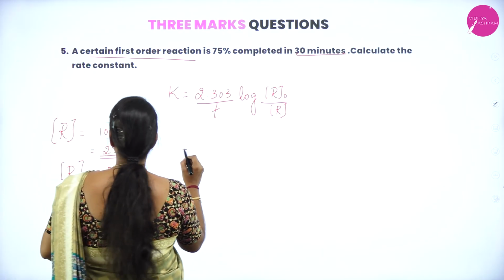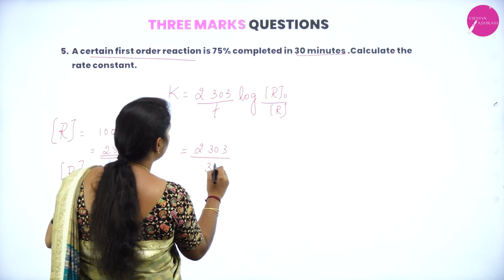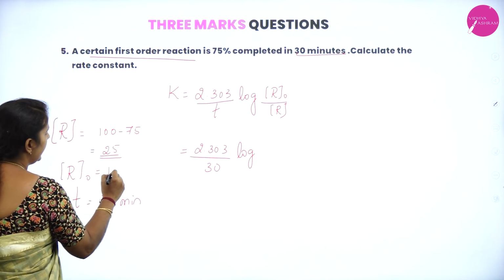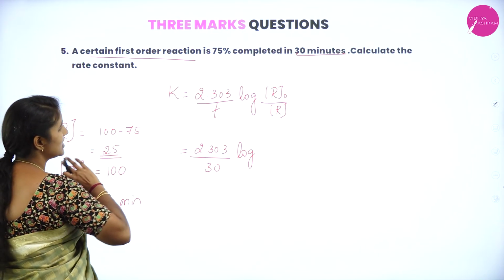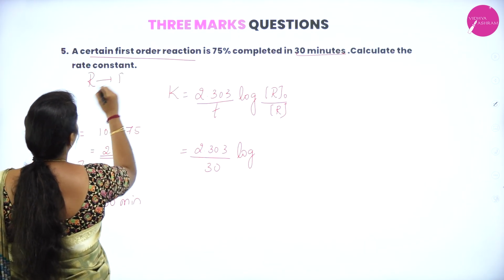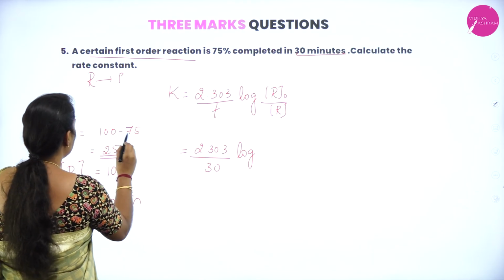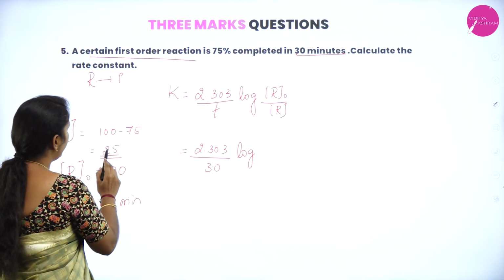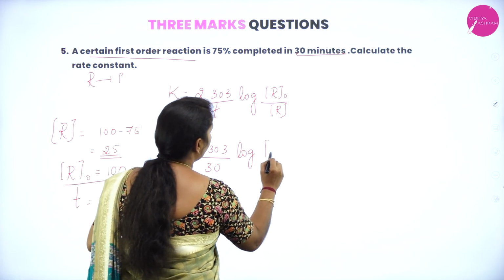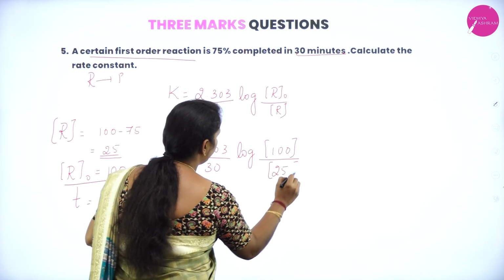Now substituting, 2.303 divided by 30 into log of 100 divided by 25. Why is it 100? Because it is the overall reaction where the reactant is giving rise to product, and after completion it has 75%. So 100 minus 75 gives 25, and R0 is 100.